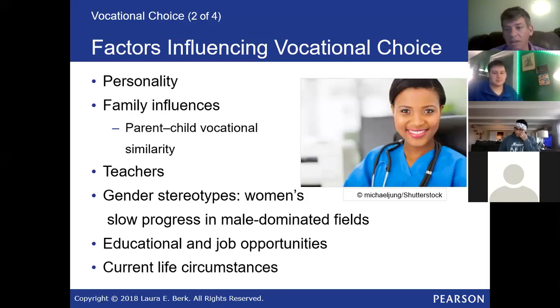Parents are food service. Children follow suit. Our teachers influence our vocational choice. Gender stereotypes influence our vocational choice. We have seen women's progress in male dominated fields like engineering, but it's slow. Educational and job opportunities. And lastly, current life circumstances.